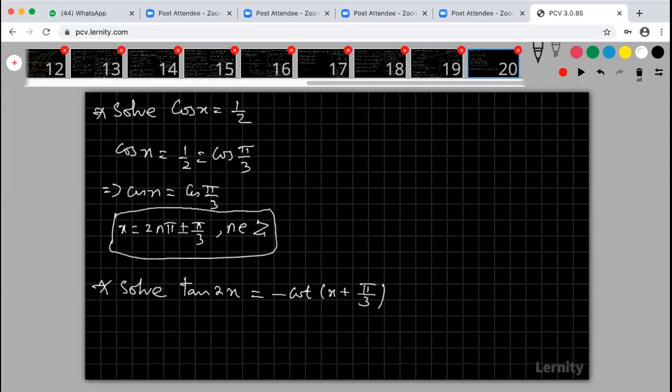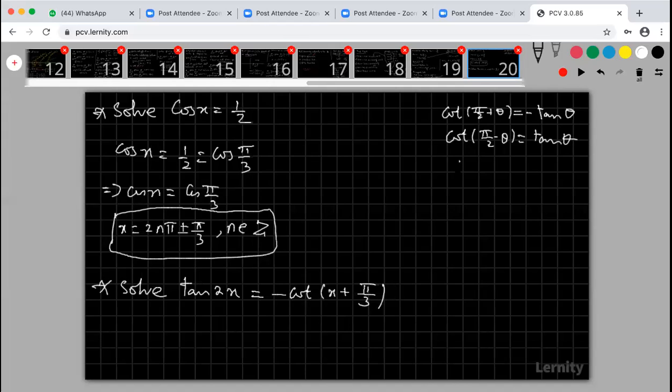So look at that, we have a formula for cot of pi by 2 plus theta, pi by 2 minus theta. Pi by 2 plus theta is minus tan theta. Pi by 2 minus theta is plus tan theta.